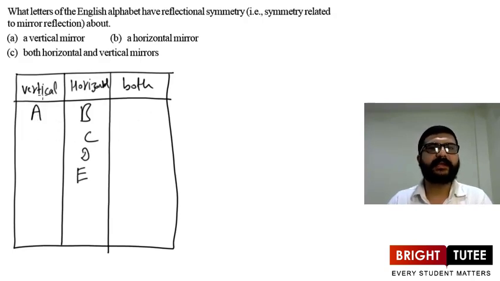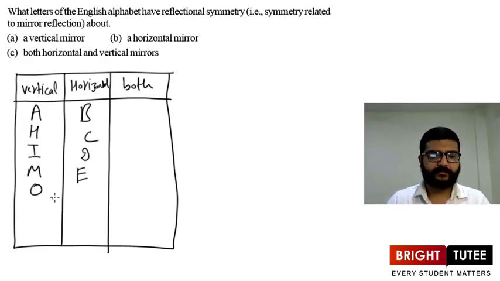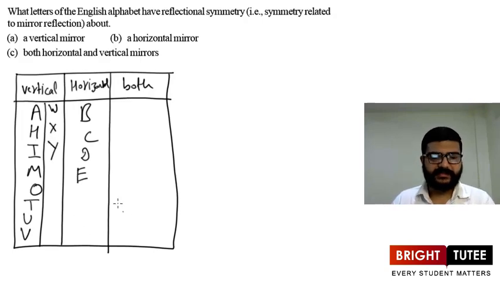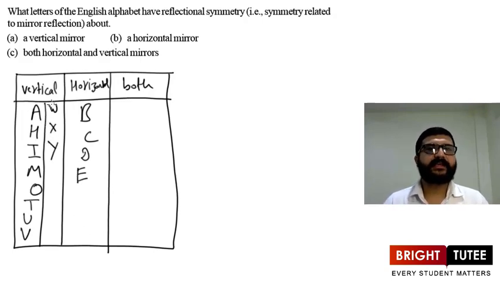By doing that, for the vertical mirror we have A, H, I, M, O, T, U, V, W, X and Y. These are the letters which will remain as they are if a mirror is placed vertically.